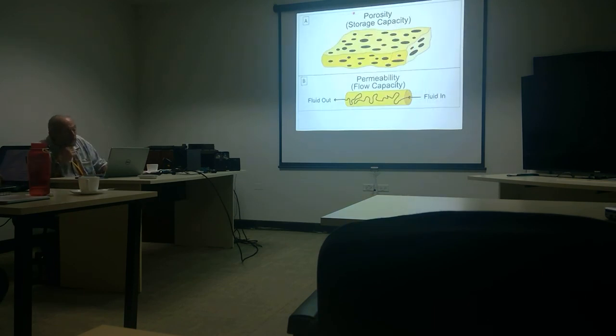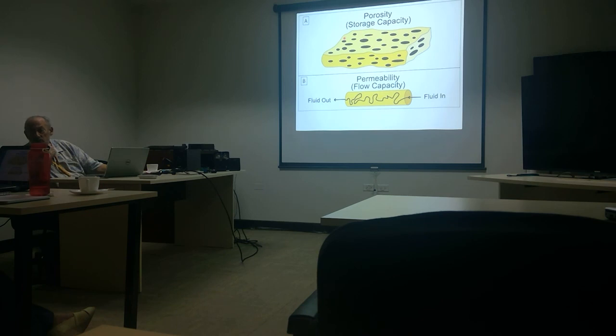Now, you all know what porosity and permeability is, just to show. This is porosity that is unconnected, individual pores shown in black that are not connected. So you might have a reservoir here of high porosity but low permeability.